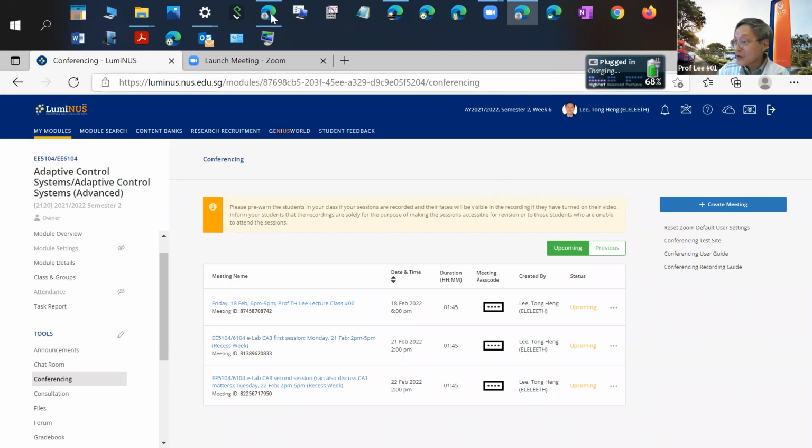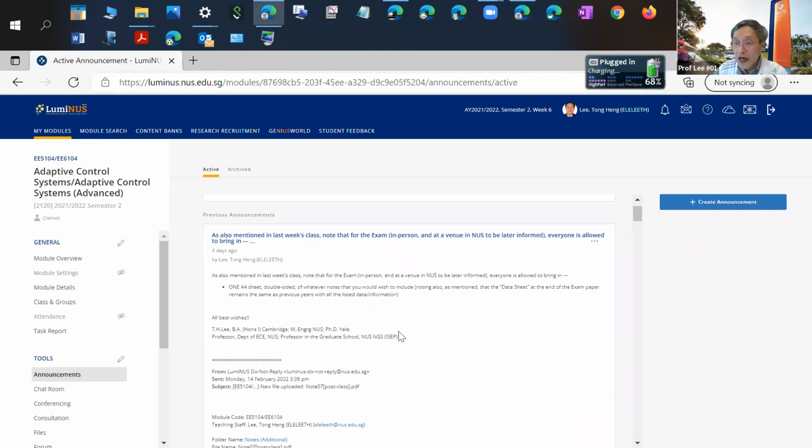Now, going back to what I was talking about before. Remember last week I mentioned that the exam ahead will be an in-person exam at an appropriate venue in NUS, which will be informed to you all.